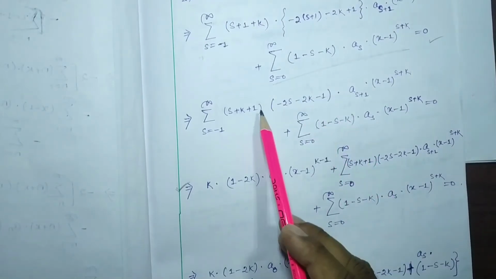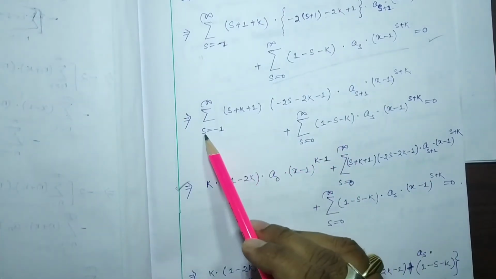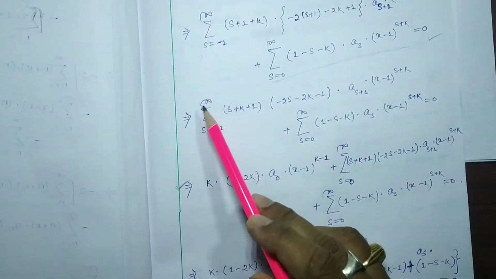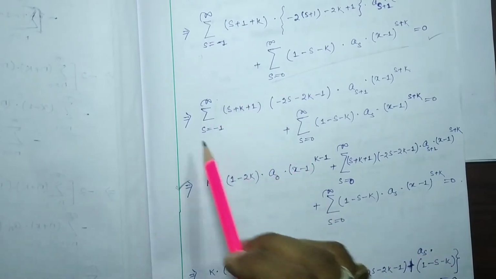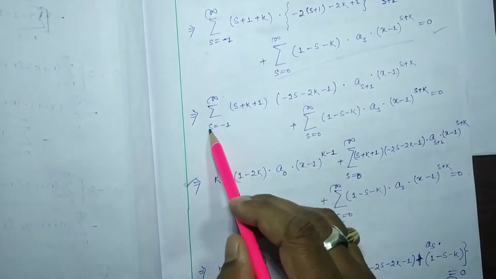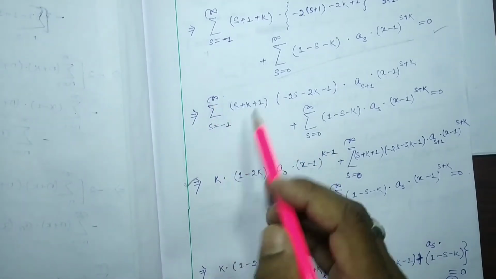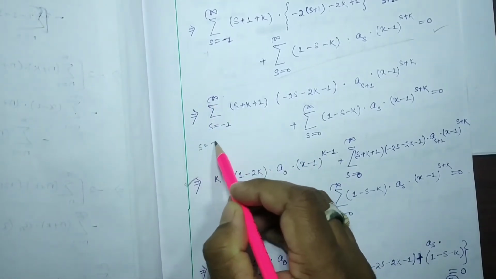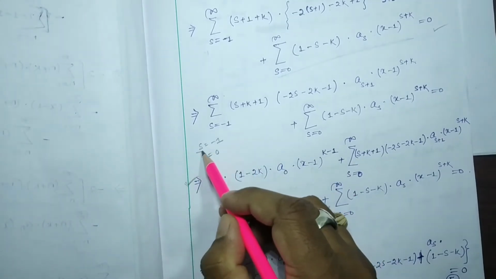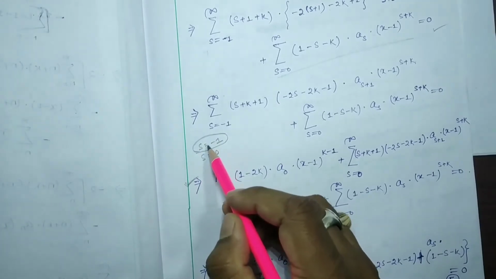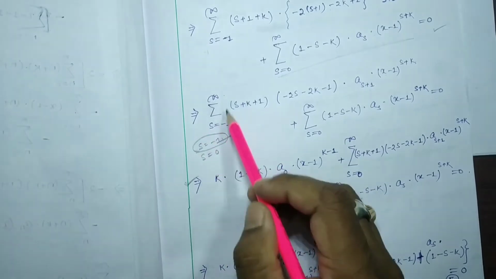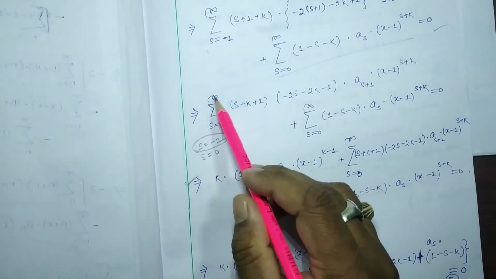So if we extract the s equal to minus 1 term, then this summation is going to start from 0 to infinity, right? The first term, you just think this summation starts from s equal to minus 1 to infinity. So the first term is s equal to minus 1. The second term will start from s equal to 0. So if I remove the term for s equal to minus 1, then the summation is going to start from s equal to 0 to infinity.